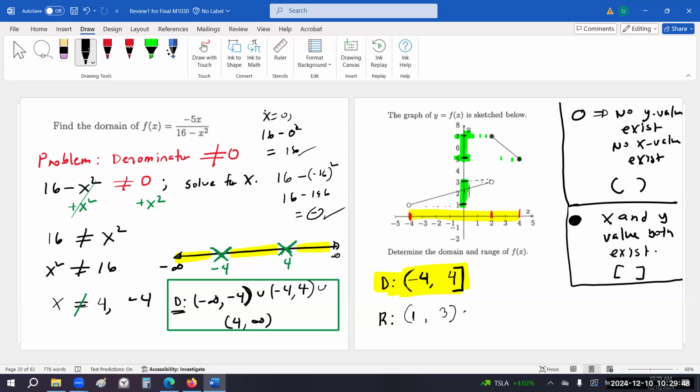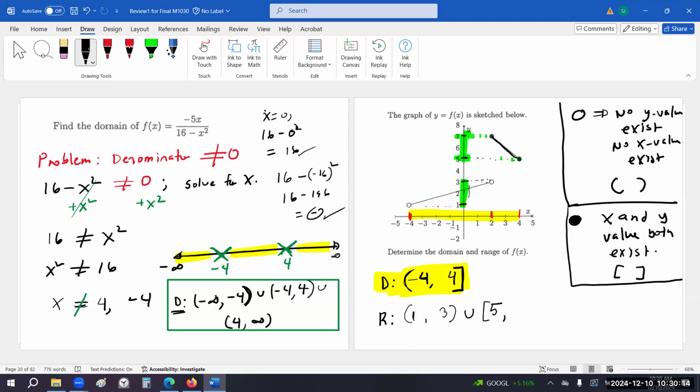And then we jumped from 3 to 5. And we started our journey at 5. Now, at 5, do we have a y value or we don't? We do, right? So what will be the boundary? Parentheses or brackets? Closed circle means bracket.